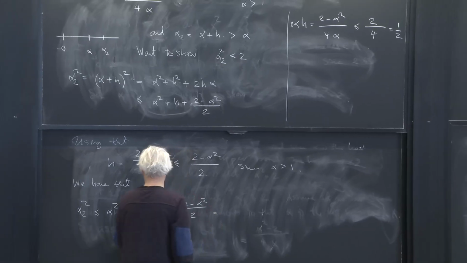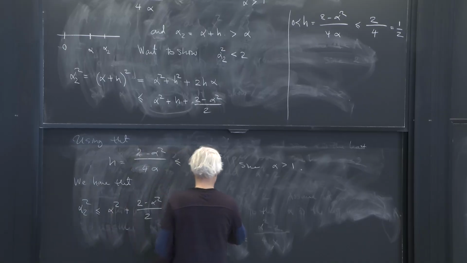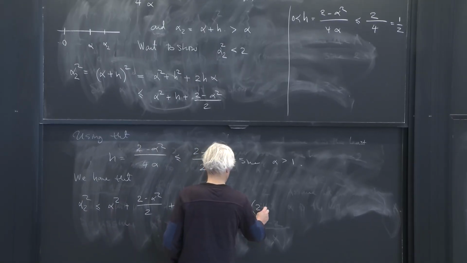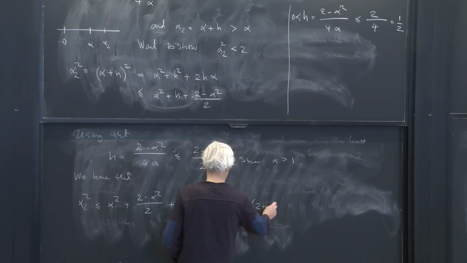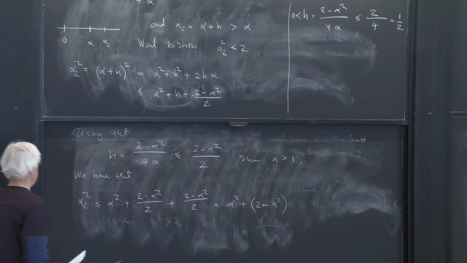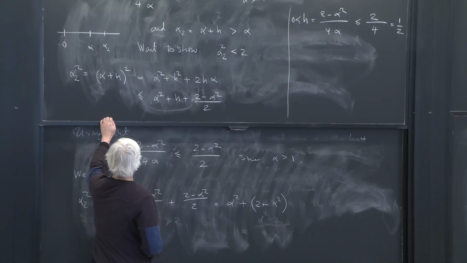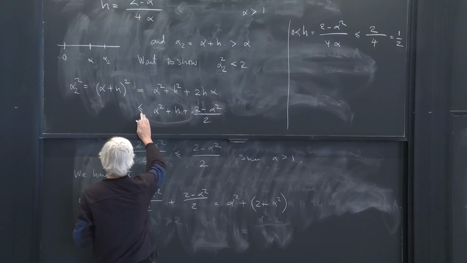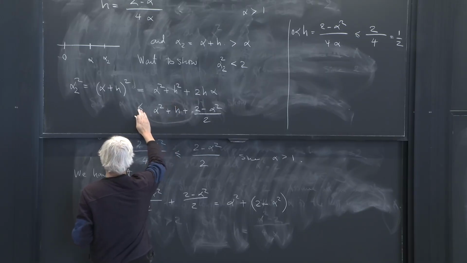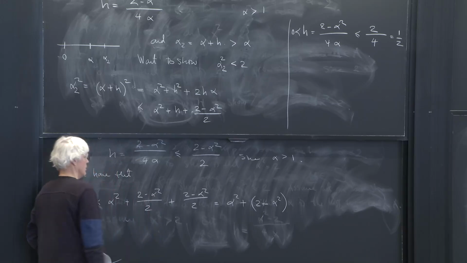And so you see that this here is this times 2, so this is just alpha squared plus 2 minus alpha squared. And this inequality here, there was one of these inequalities I should have replaced by a strict inequality. This is because h is positive and strictly less than 1. So this here is actually a strict inequality.